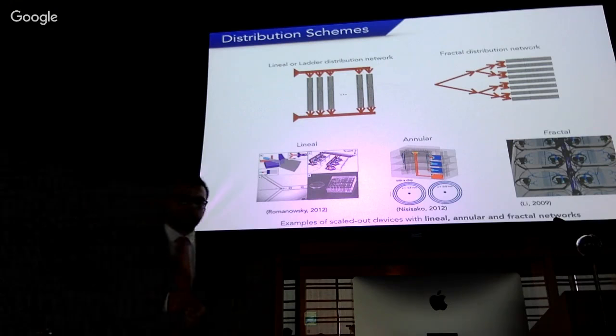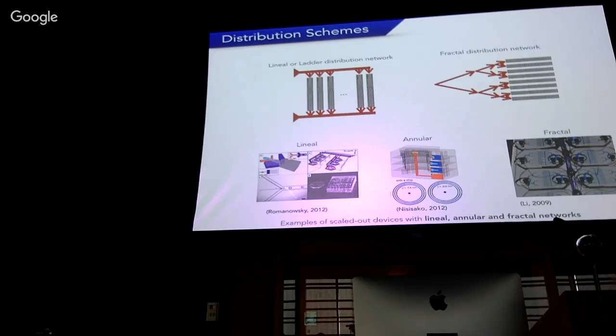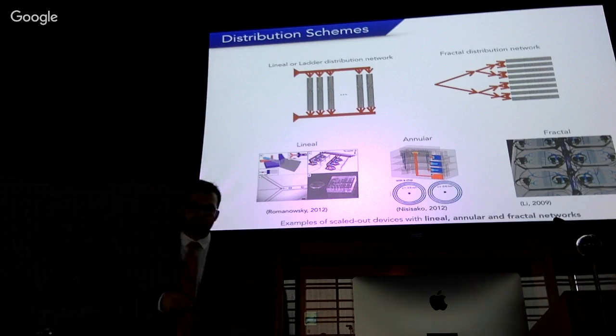The second one is a fractal distribution, and in this distribution you have a starting point that bifurcates into 2 and then into 2 successively until you reach all your connections. Examples of works that use this type of distribution are this one by Romanowski and this one by Nishizaku. This is not exactly the same, but it's annular, so it kind of follows the same principles.